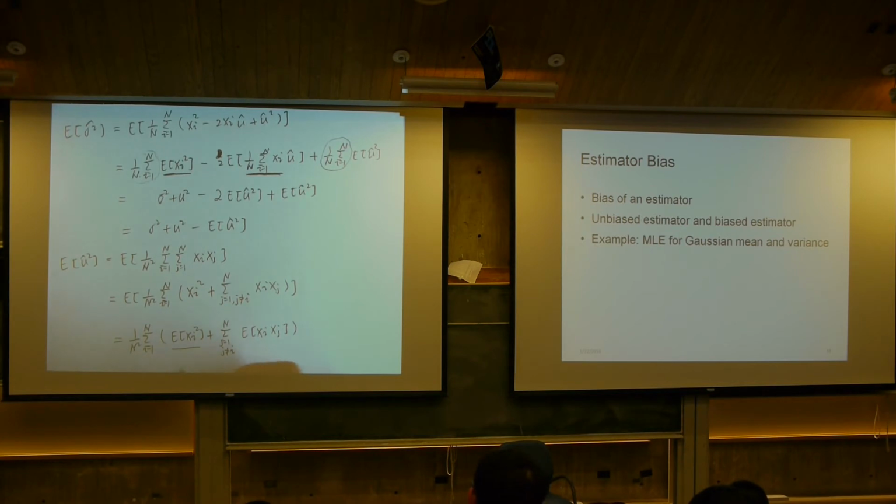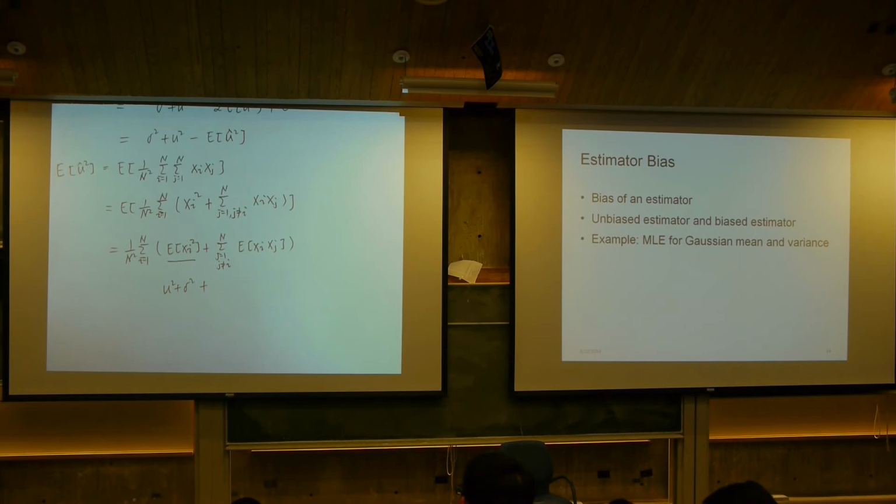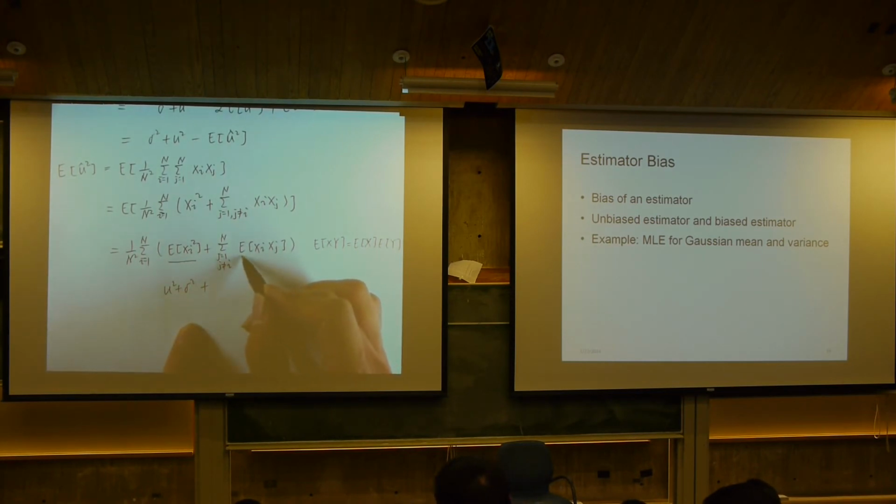And this term again is mu squared plus sigma squared. Because we assume all the samples are independent from each other. According to this property, if x, y are independent, the expectation of their product is the product of their expectations. So this term here is E[xi] E[xj], which is mu squared, right?